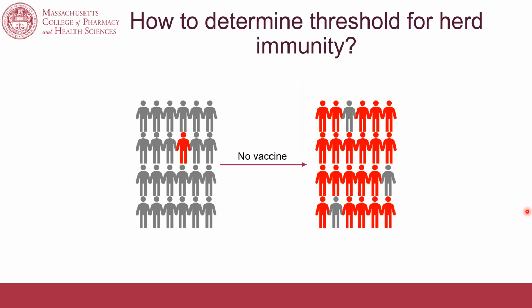And this is measured by the R naught value, which is called the basic reproductive number for a given pathogen. And the basic reproductive number is simply the average number of people that one infected person can transmit the pathogen to if everyone in the population is susceptible. Essentially, if there's no vaccine.